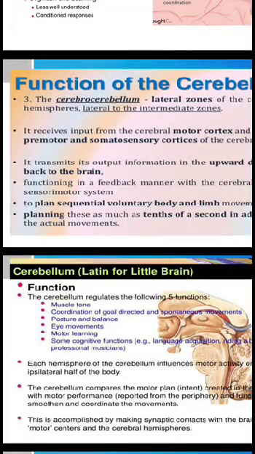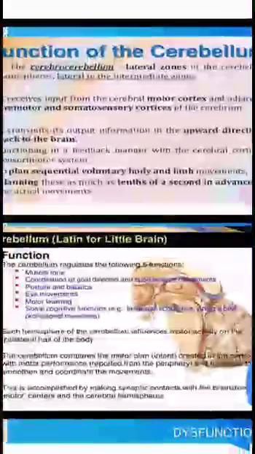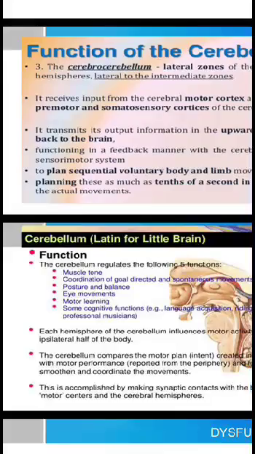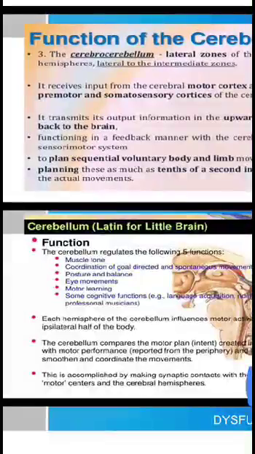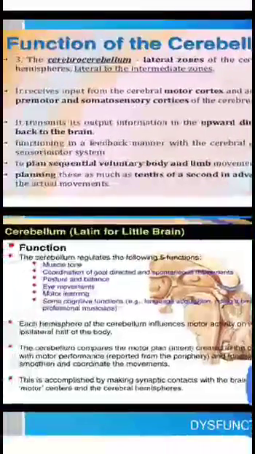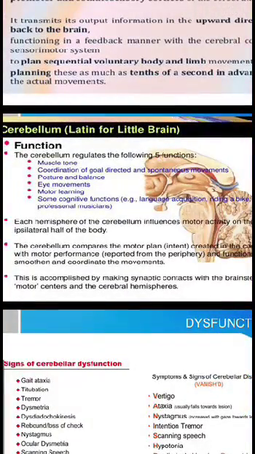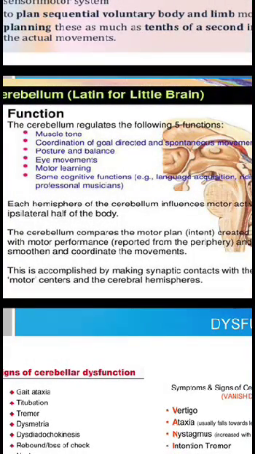So it works in a feedback manner with the cerebral cortical sensory motor system, to plan the sequential voluntary body and limb movements, planning these as much as a tenth of a second in advance of the actual movement. So all planning of movements is done by the cerebellum. It mainly maintains muscle tone, coordination, posture and balance, eye movements, and motor learning.